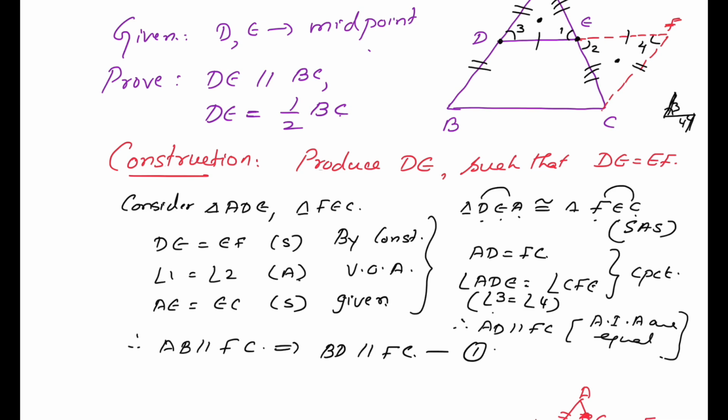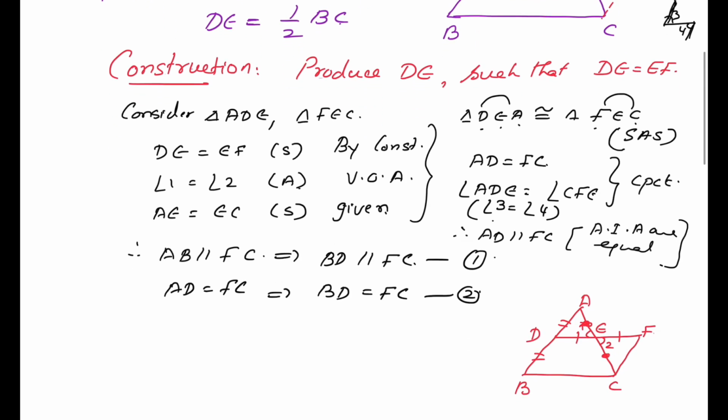Now, we have proved AD equal to FC. That means you can say AD is equal to BD, so BD equal to FC. Keep this as 2. So, from 1 and 2, you now got BD is parallel to FC and BD is equal to FC.